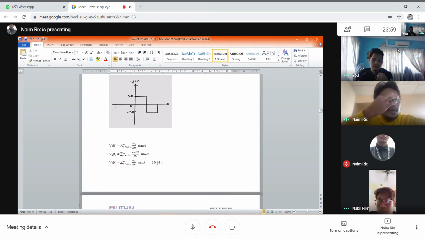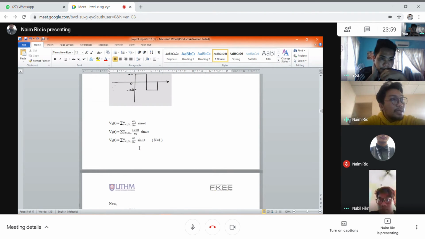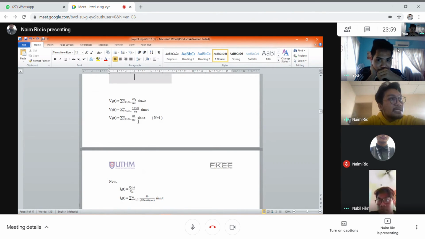So for Vs, we can get it by using this formula: 4 multiplied by V2 over N pi multiplied by sin omega t. So for the V2, we put the value 20. So after we calculate, we get the answer 18 over N multiplied by sin omega t.